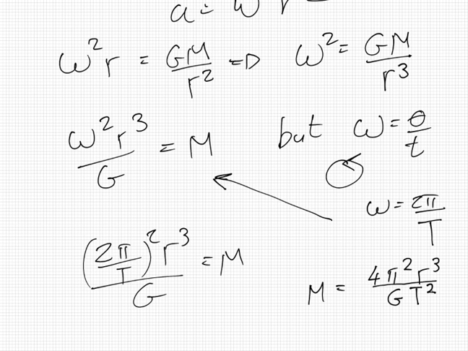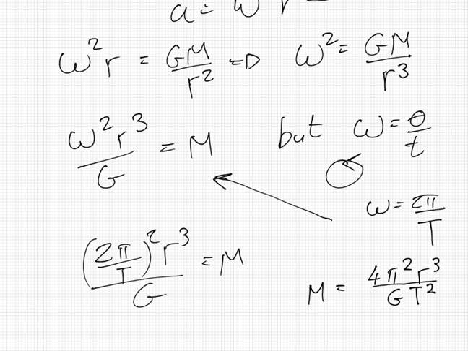So do you know T? And then you can use your telescope to see how far the moon and the planet are apart. So if you know the R and the T, you now know the mass.